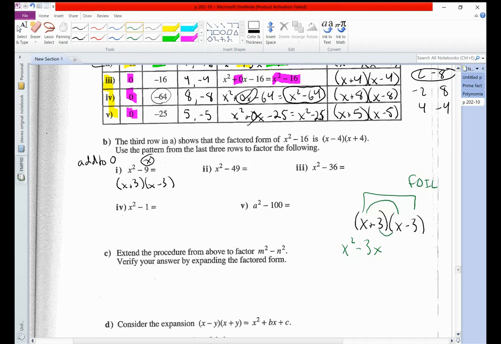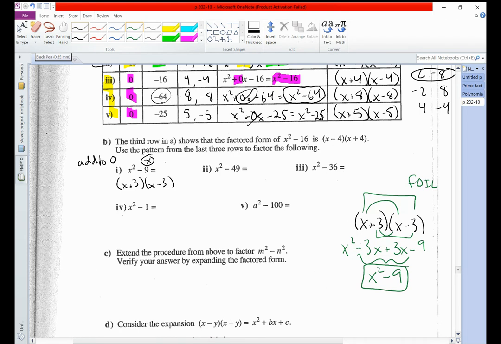Inside, positive 3 multiplied by x is plus 3x. And last, positive 3 multiplied by negative 3 is negative 9. You can see those two middle terms cancel. Negative 3x plus 3x is 0x. So we are left with x squared minus 9, and that's what we started with. So we did it right.